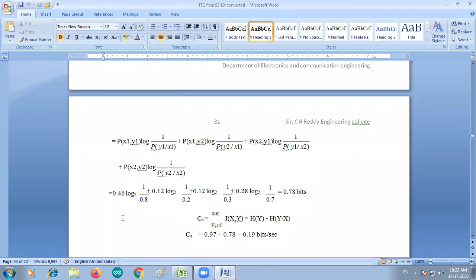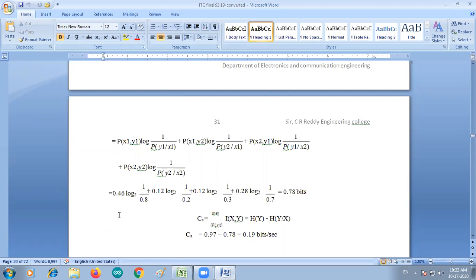So that is equal to 0.64 log 1 by 0.8 plus 0.12 log 1 by 0.2 plus 0.12 log 1 by 0.3 plus 0.28 log 1 by 0.7, that is equal to 0.78 bits.